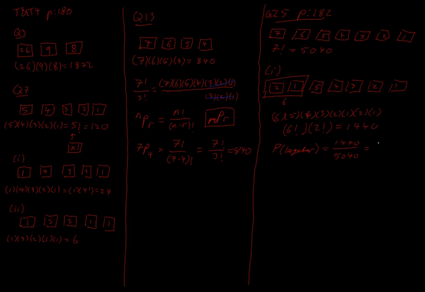Always simplify your fractions where you can, so you get a probability of 2/7. So 2/7 of the time, if we were arranging our kids randomly, we would get the twins together.